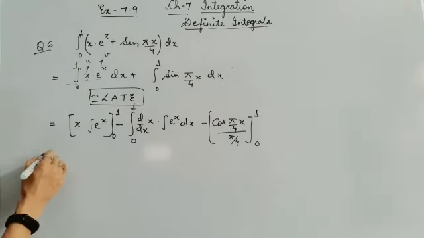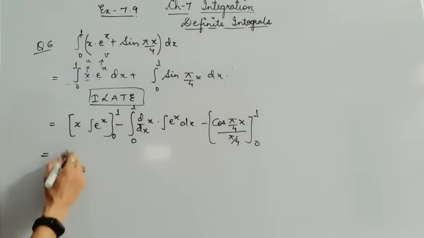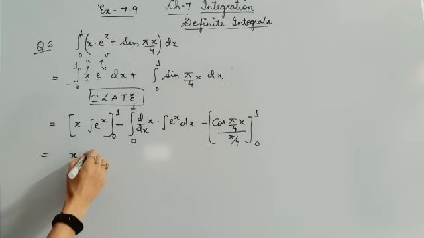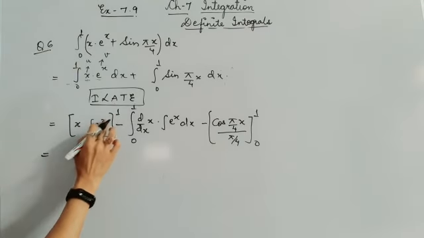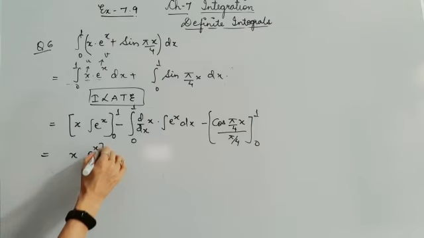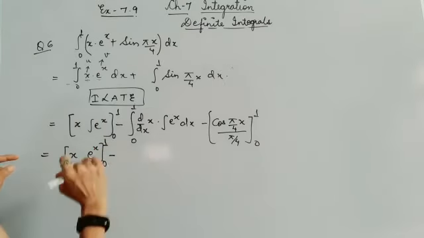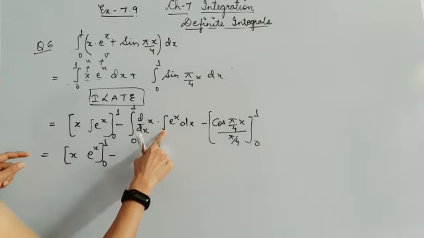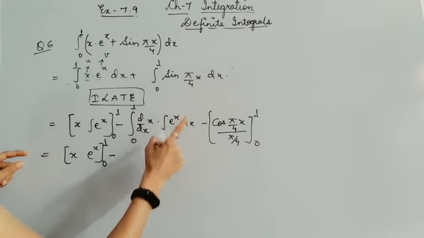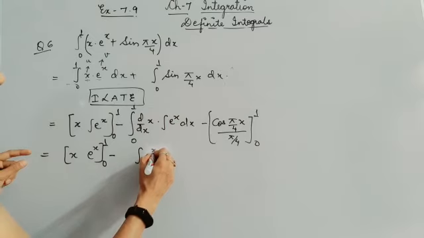Now look children, this will be x into the integration of e raised to power x, which is just e raised to power x, from 0 to 1, minus the differentiation of x, which is just 1. So I will be getting the integration of e raised to power x dx.